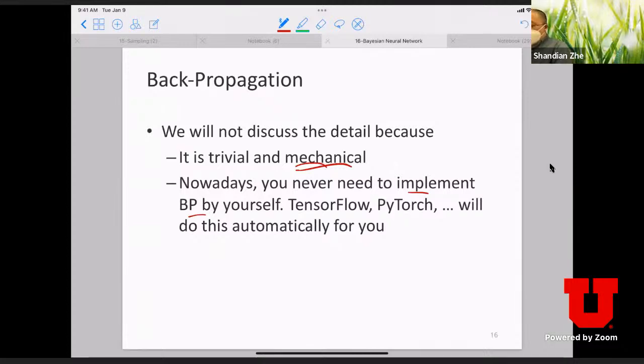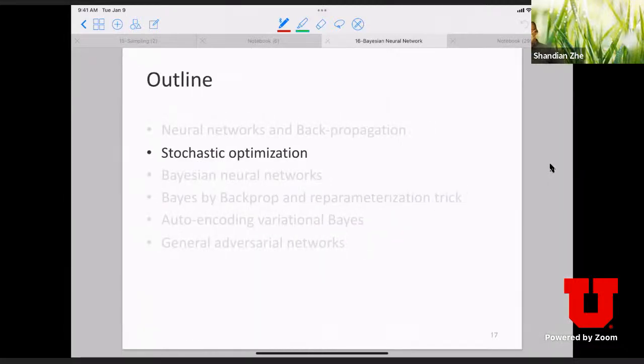And more importantly, nowadays you never need to implement backpropagation by yourself. You have a lot of highly efficient and mature libraries to do the backpropagation automatically, not by yourself. Okay, so now we have wrapped up the general introduction of neural networks.